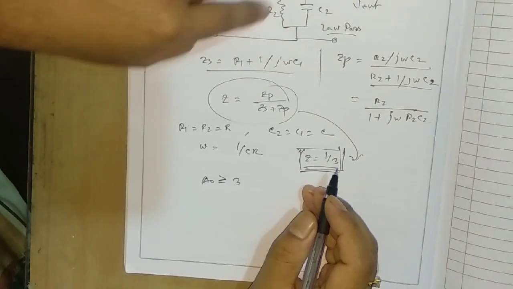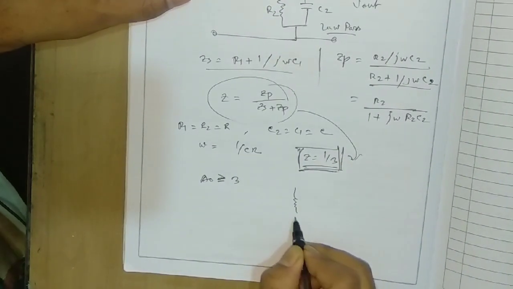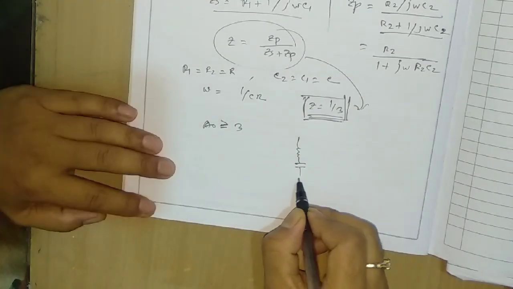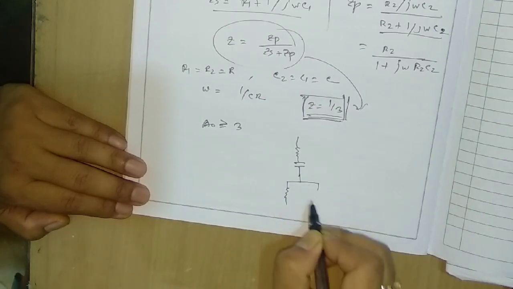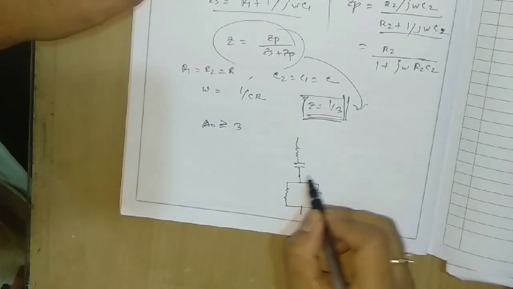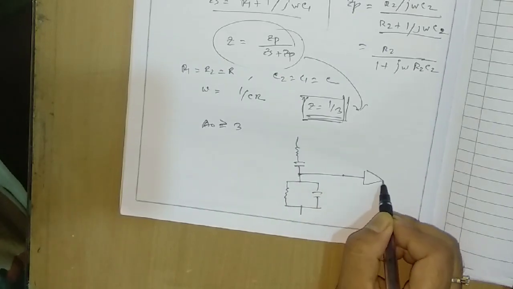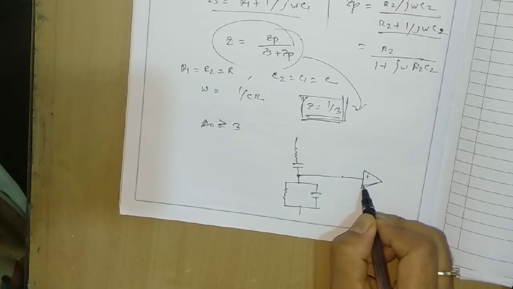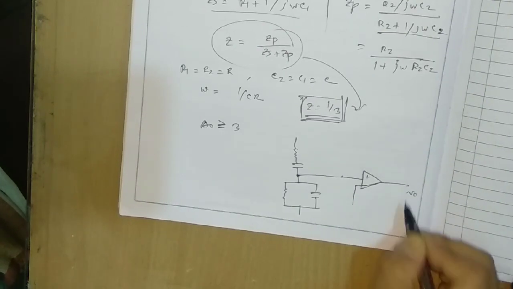So I am redrawing this Wien bridge like this. It is our high pass filter, then our low pass filter. So this is our Wien bridge. Now we are taking the output from here. So it is going to a non-inverting amplifier, an op-amp non-inverting amplifier, and here we have our output.